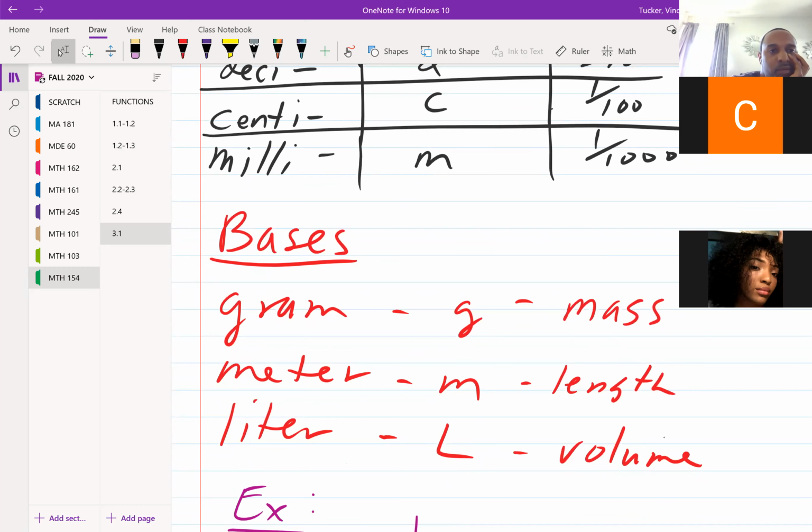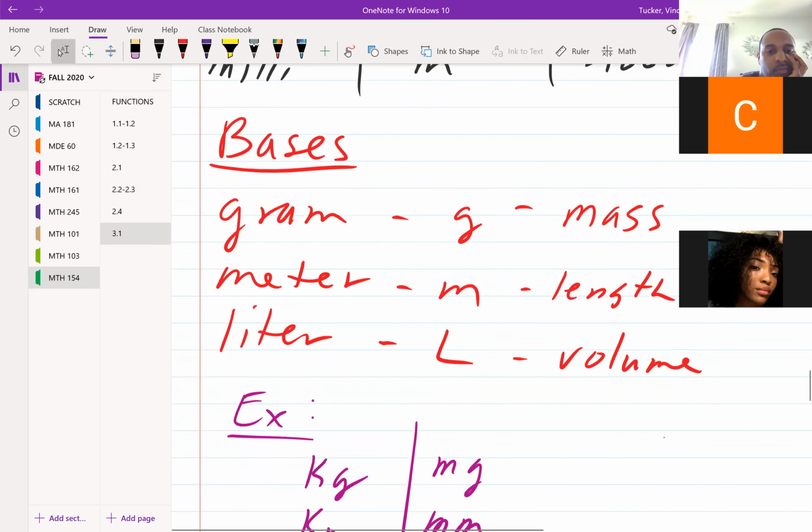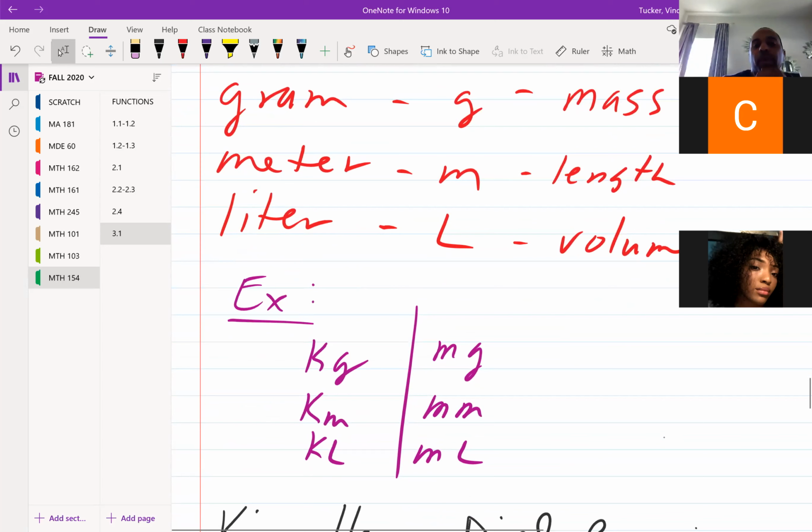You can put any prefix in front of those bases, depending on what you're measuring. So it can be kilograms, kilometers, kiloliters, or milligrams, millimeters, milliliters. Either one of those prefixes can go in front of that measurement.